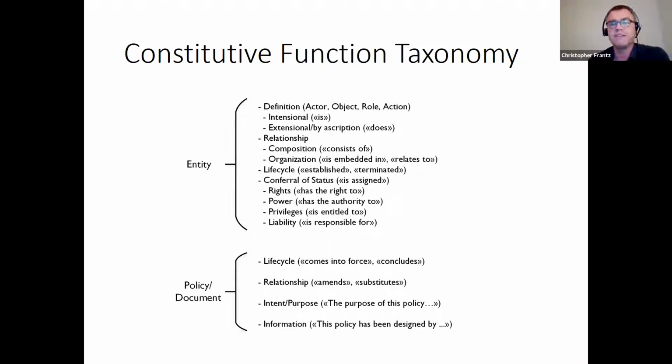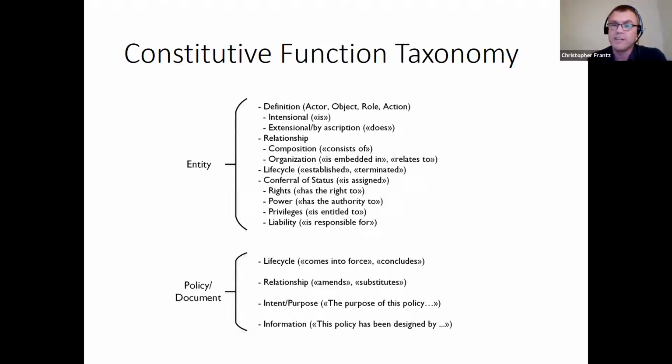But in this instance, it's really just highlighting the characterization of the constitutive function itself, because this is a major departure from this classical X is Y in context Z syntax, but rather the idea here is that those constitutive functions can be a characteristic of, or can describe, the policy documents themselves.